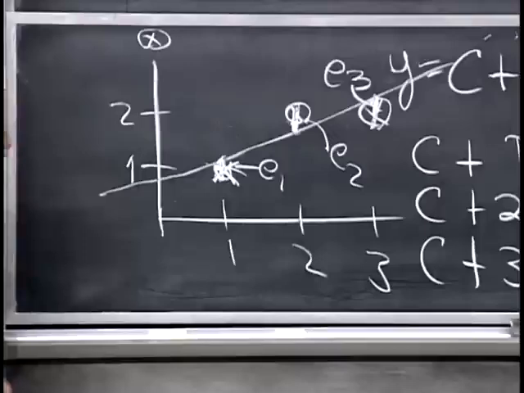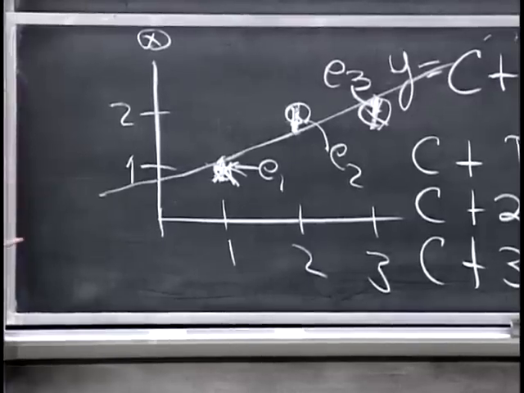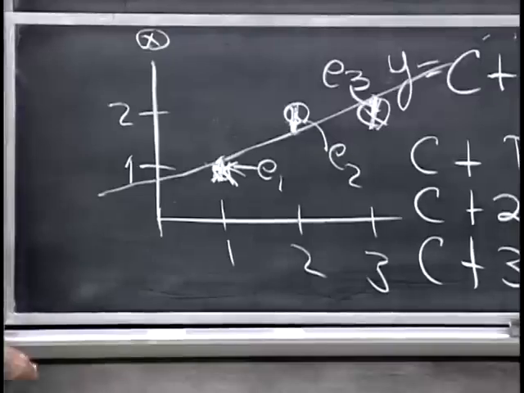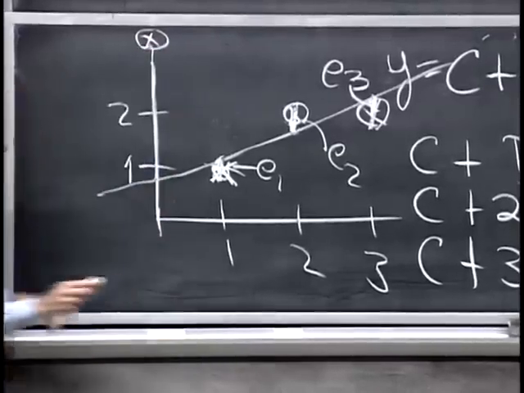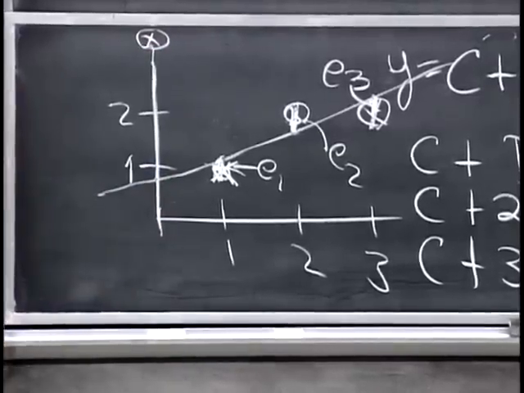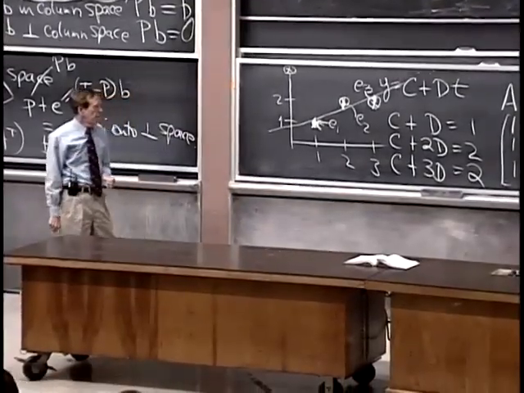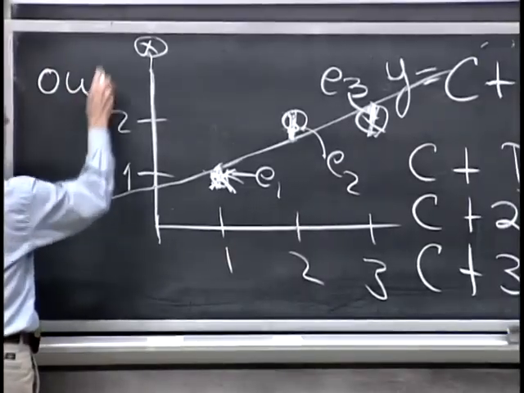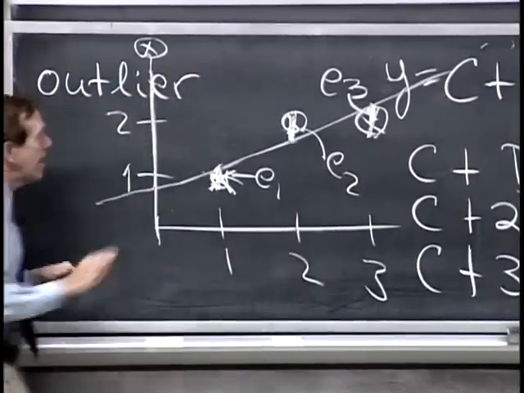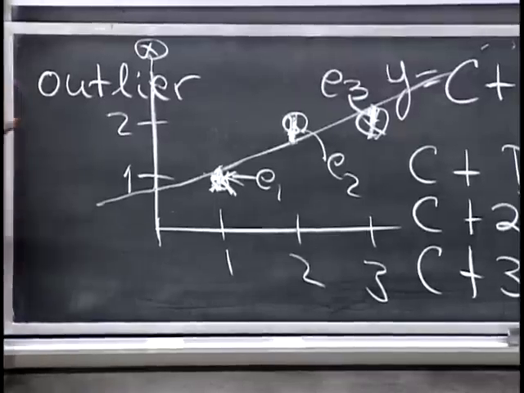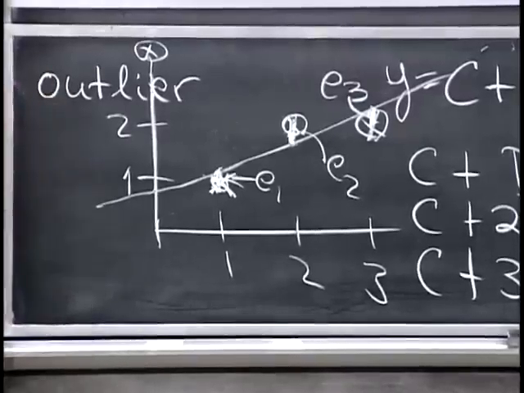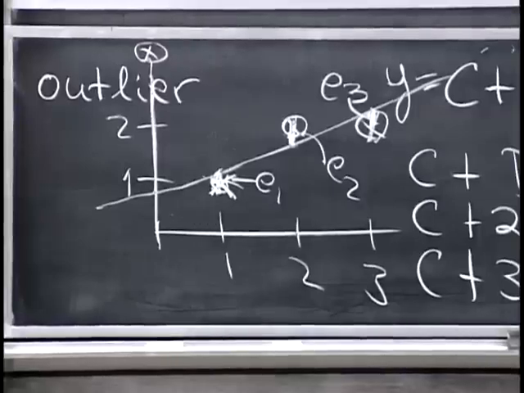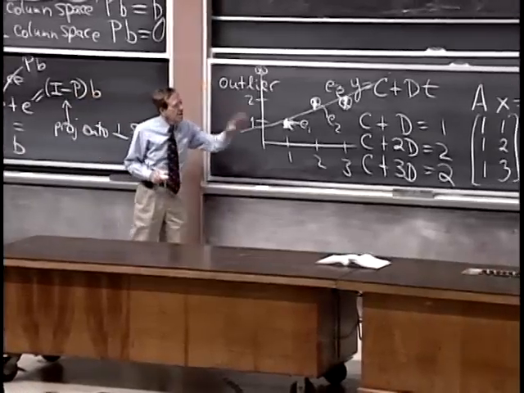No, certainly that wouldn't be the best line, because that line would have a giant error, and when I squared it, it would be way out of sight compared to the others. So this would be called by statisticians an outlier, and they would not be happy to see the whole problem turned topsy-turvy by this one outlier, which could be a mistake after all. So they wouldn't like maybe squaring.